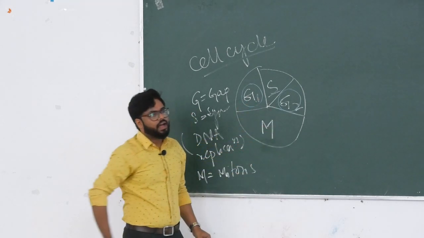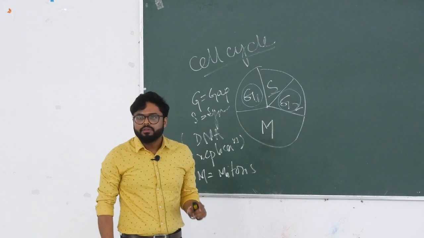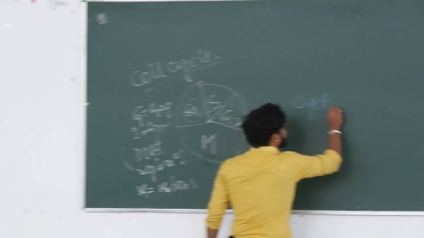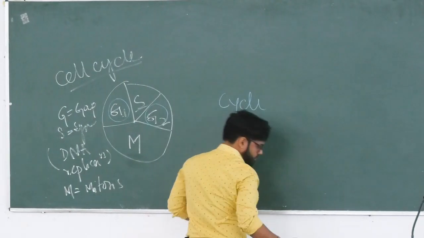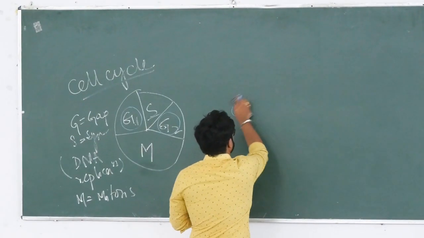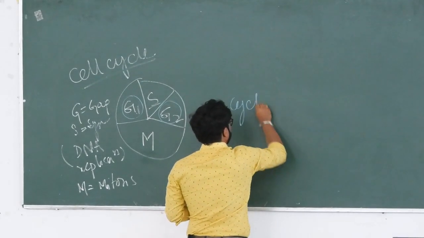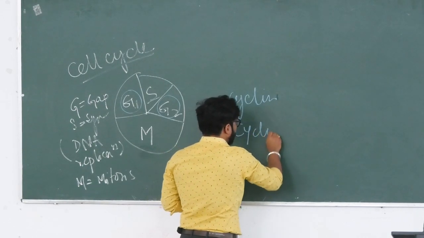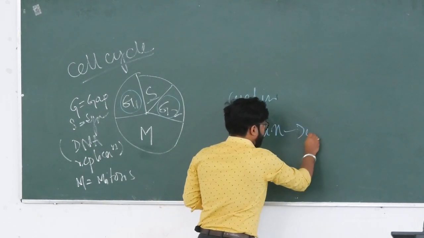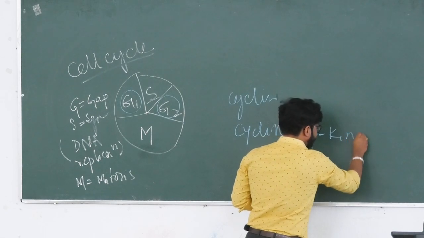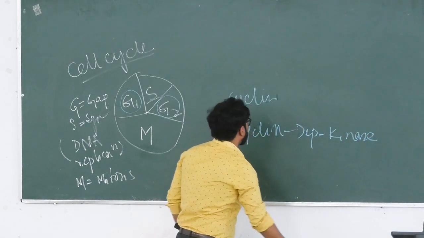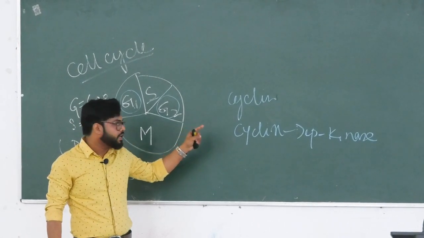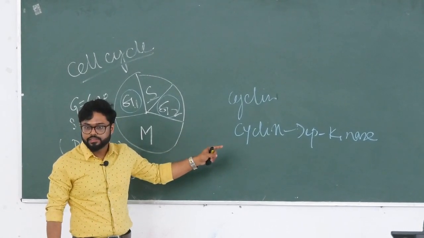So these stages are basically controlled by two things: one, cyclin, the other, cyclin-dependent kinase. Cyclin is a protein which is tightly regulated by an enzyme, kinase.